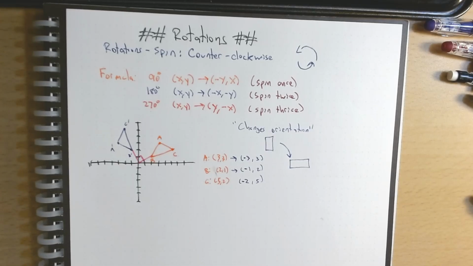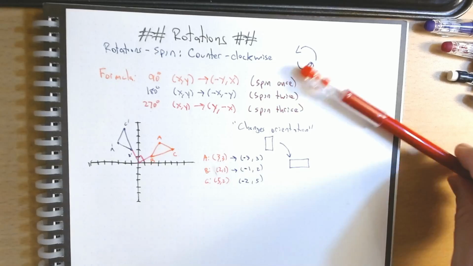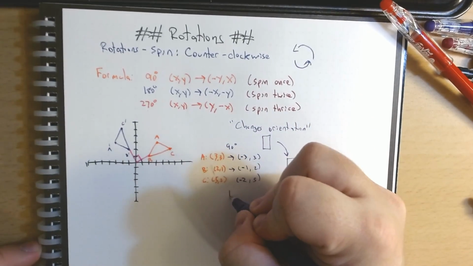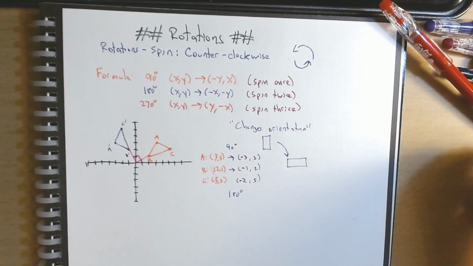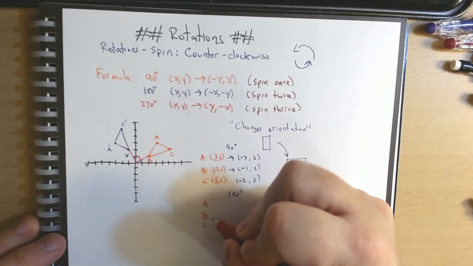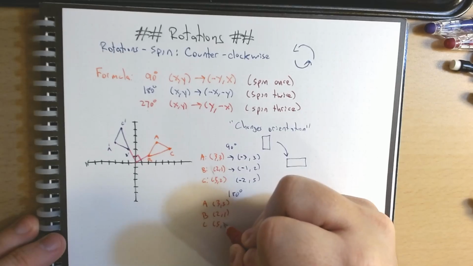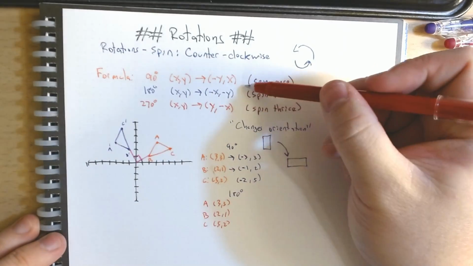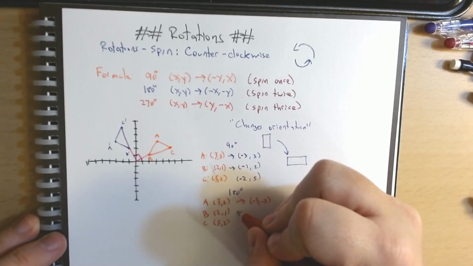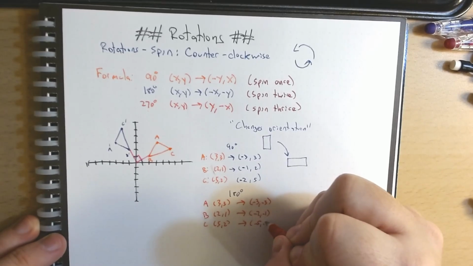Technically, I have 14 minutes and 20 more seconds that I could speak. So this was for 90 degrees. Let's do 180 degrees. And I already wrote the points down. A, B, C: 3, 1; 2, 1; 5, 2. And if you look at the formula, it just says put negatives in front. -3, -1; -2, -1; -5, -2.